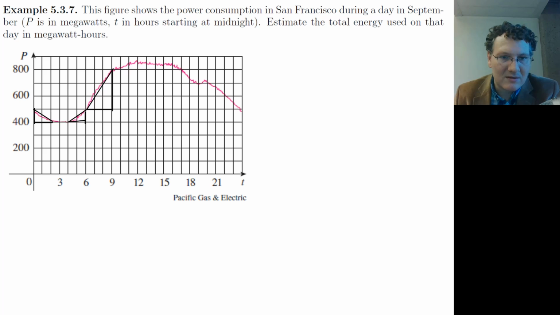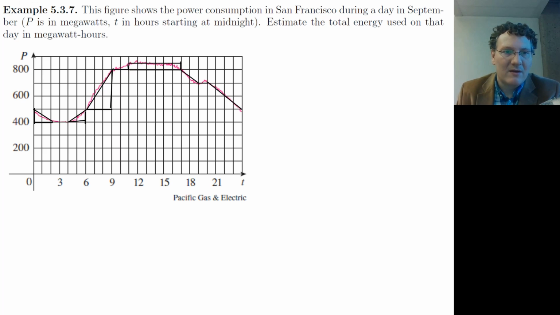So I'm going to take this block, and I'm trying to be kind of fair in how I estimate it. I'm going to just take this as half a block high. Take those down to there. I'm going to go straight across, and then let's see if I can go like that.